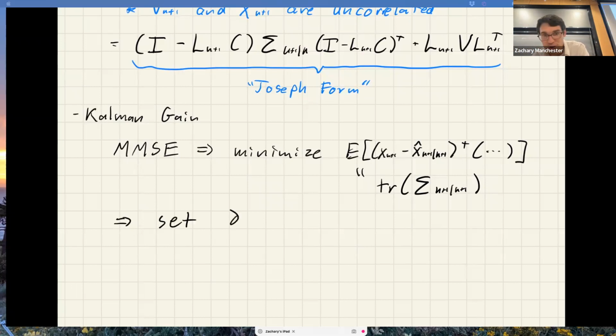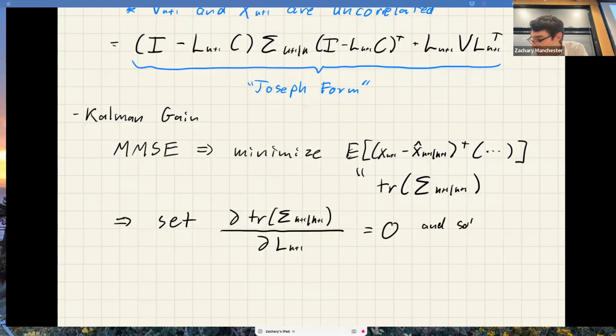So we take the partial trace of sigma k+1 given k+1 with respect to L k+1, and we're going to set this thing equal to 0 and solve for L k+1.